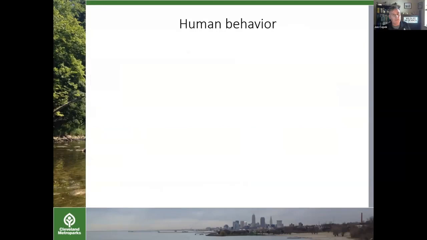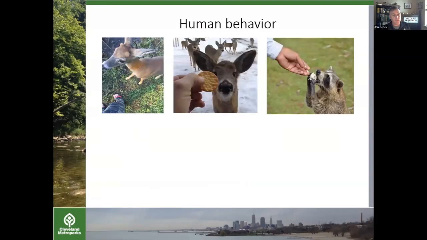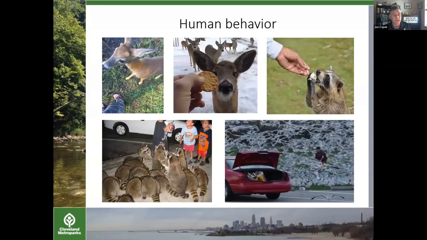But much of our time can be spent dealing with human behavior, which you may not consider when you're a wildlife student. I didn't, but in the modern world where humans have changed everything, in wildlife damage management, we need to consider the effects of people on wildlife behavior and on wildlife populations.